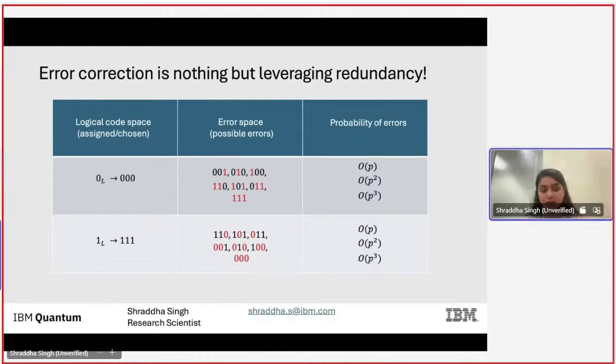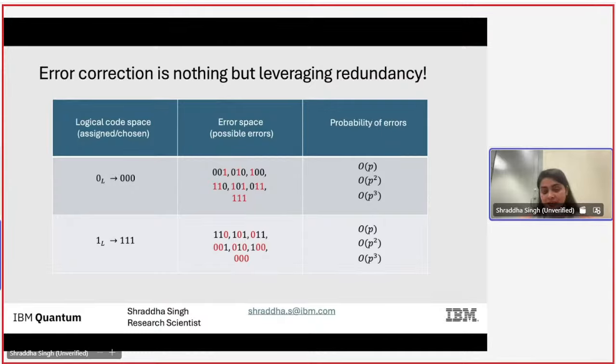Now, in order for the 0 logical state to undergo an error and end up in 0, 0, 1, the probability with which this error can happen is of the order of p. However, for the 1 logical state, 1, 1, 1, to undergo an error and come to the same state 0, 0, 1, you need a 2-qubit error, which can only occur with a probability of p squared. And we know that p is less than 1. These are probabilities, so p squared would be less than p.